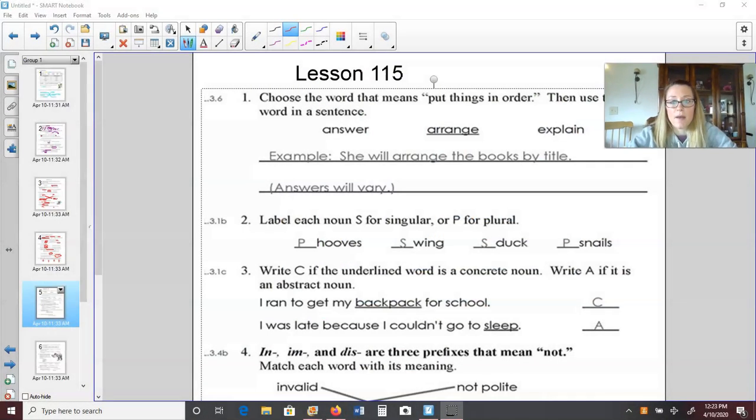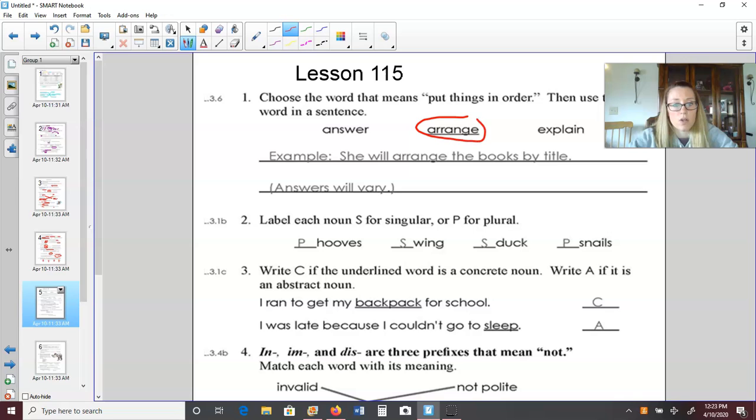All right, number 1, choose the word that means put things in order and then use it in a sentence. So out of answer, arrange, and explain. Arrange means to put things in order. And their example sentence said, she will arrange the books by title. She will arrange the books by title.